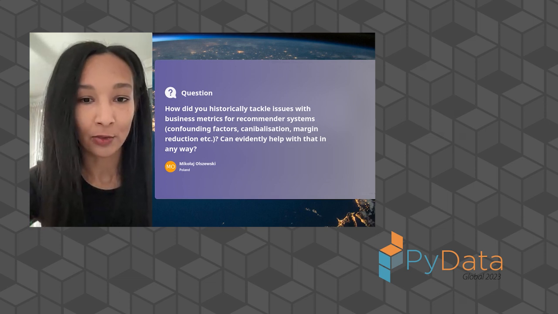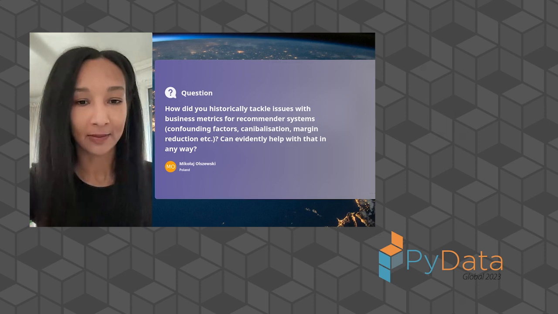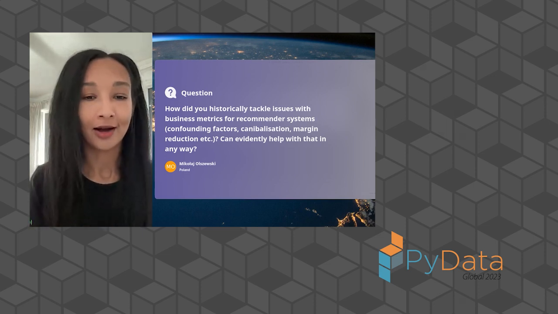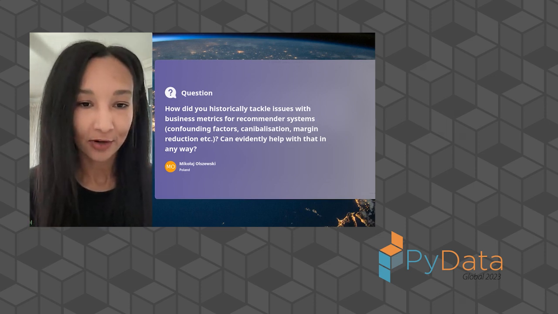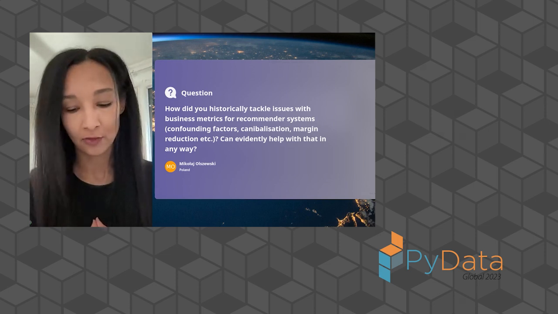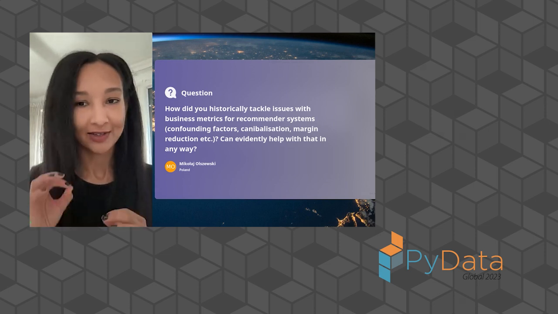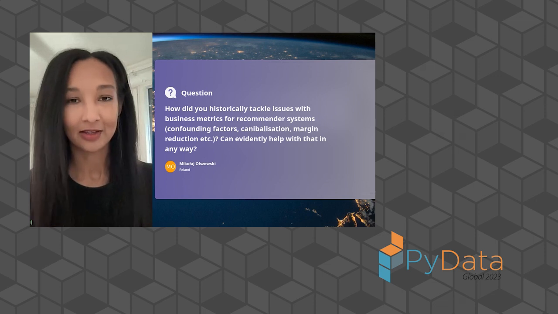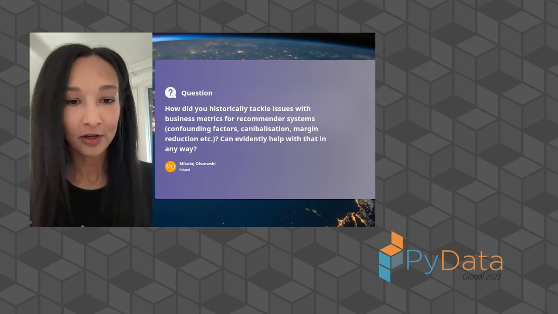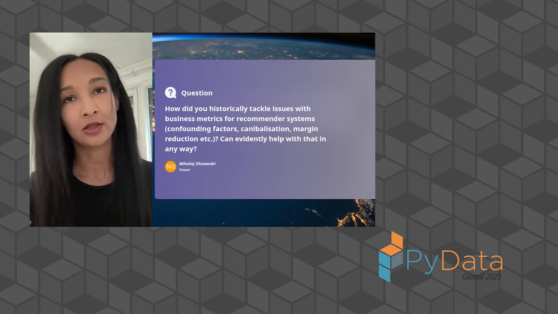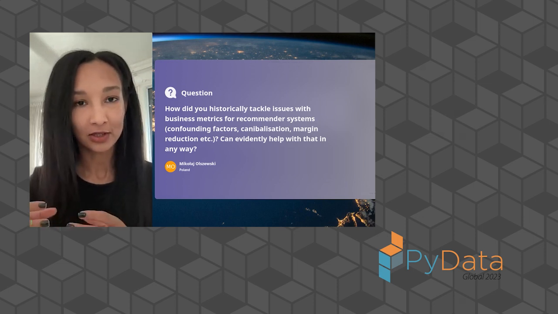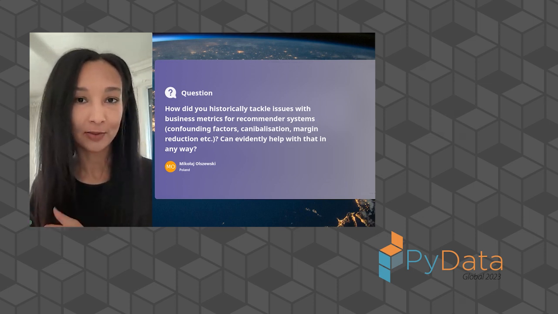Oh yeah, that's a very good question. Thank you for raising it. Yes, the cannibalization, margin reduction, etc., is a very important problem. Let me just quickly comment so that everyone understands the point here. Quite often we face issues when the recommender system itself influences the recommendations we have.